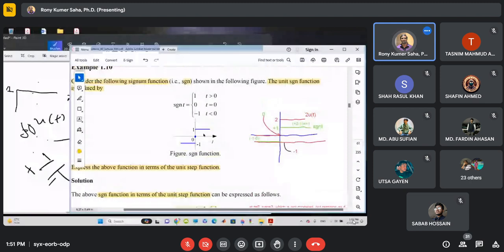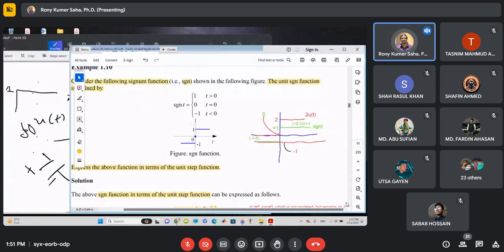You're given this one, for example, a signum function, and you express it with a unit step function. Note this signum function: at t equal to 0, this is totally 0. For greater than and less than zero, there is a value, that is unity.